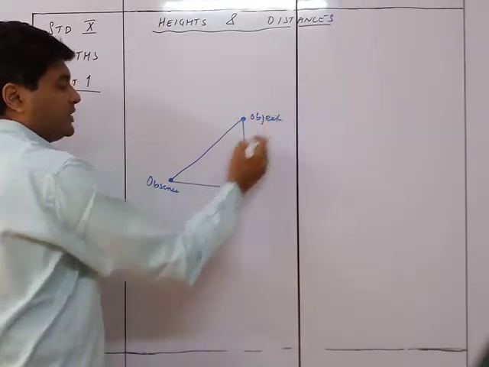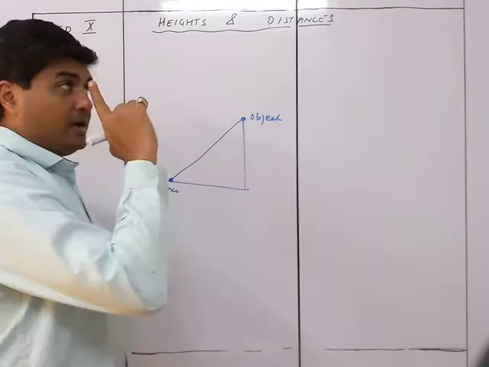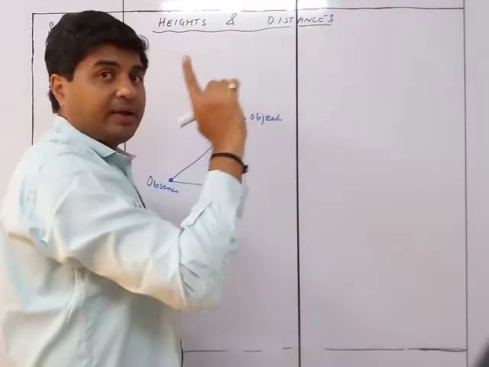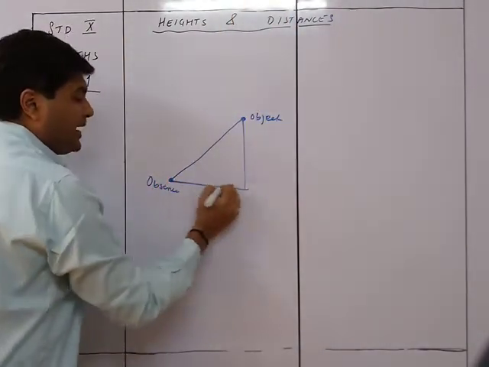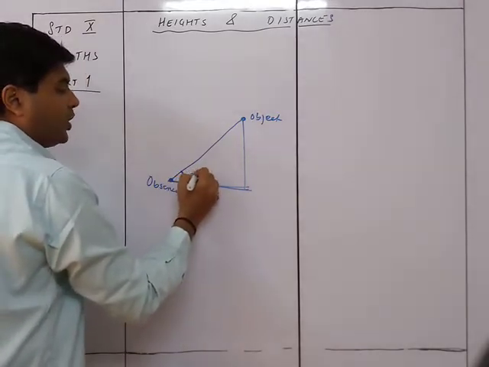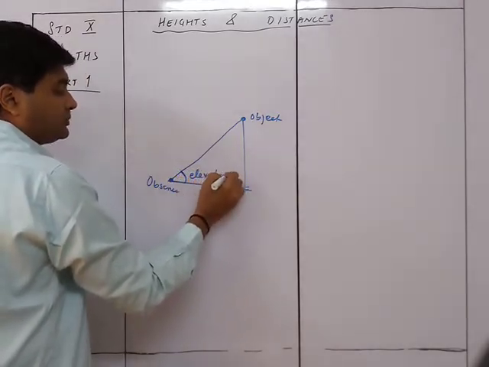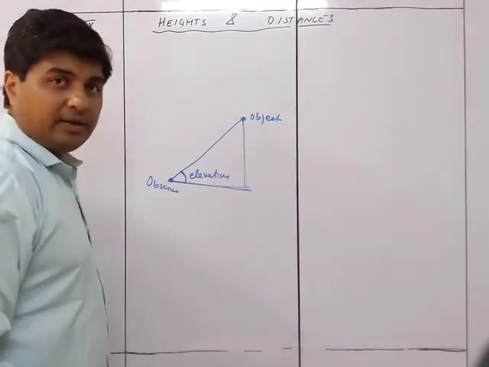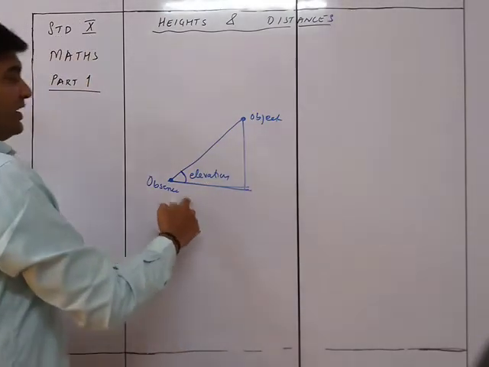So when the observer looks up, when anybody looks up, the angle he makes with the ground is called the angle of elevation. Okay, what is angle of elevation?